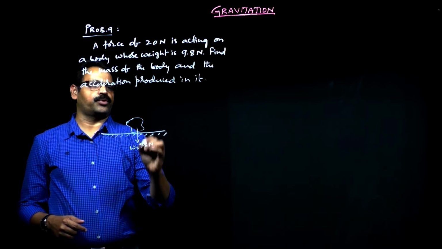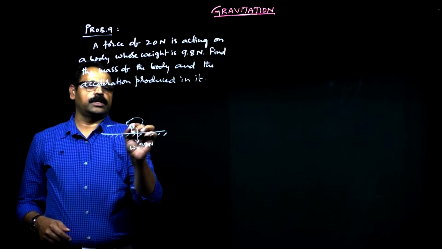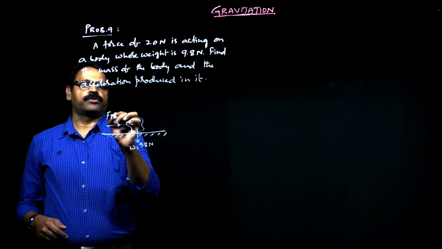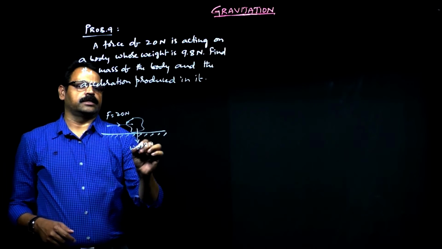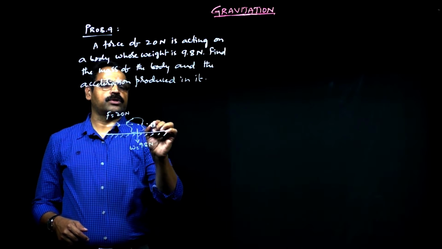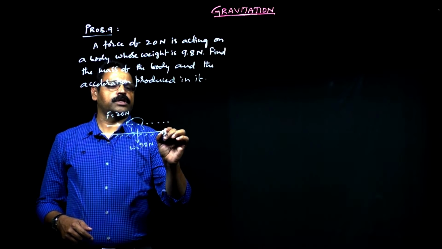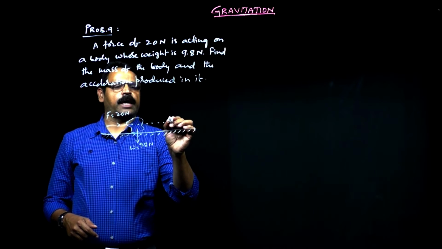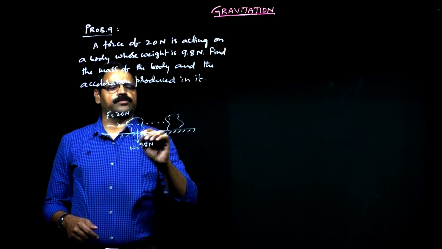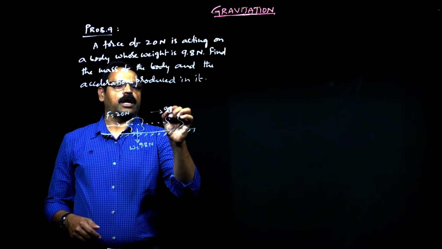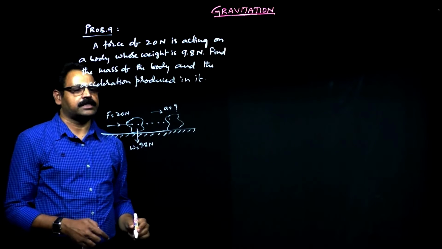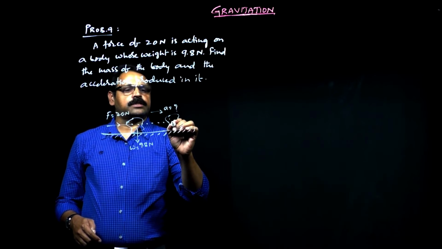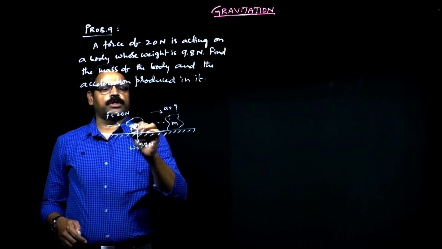Weight is given as 9.8 newtons and on this a force of 20 newtons is acting. So what happens, because of this force the body is going to be displaced and is moving with some acceleration. You need to find out what is that acceleration and what is the mass of this body.